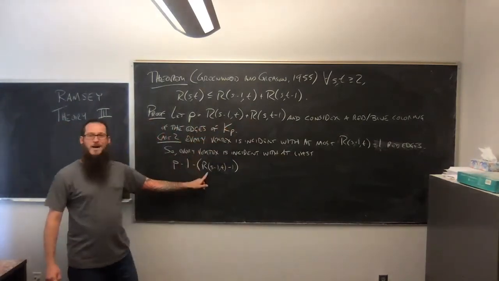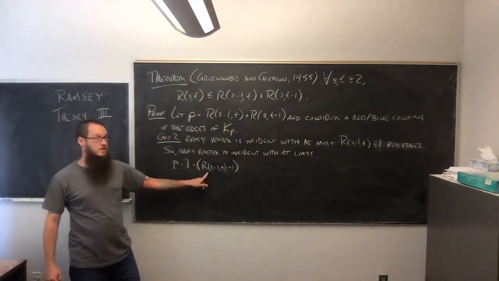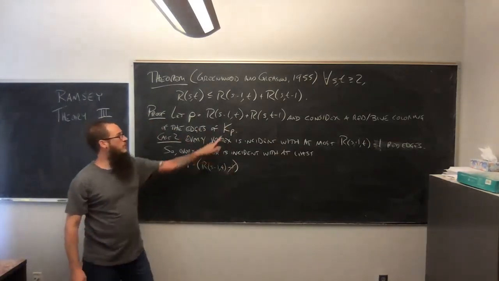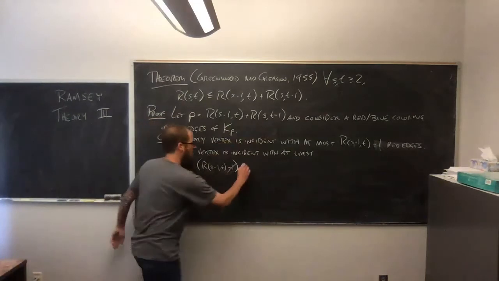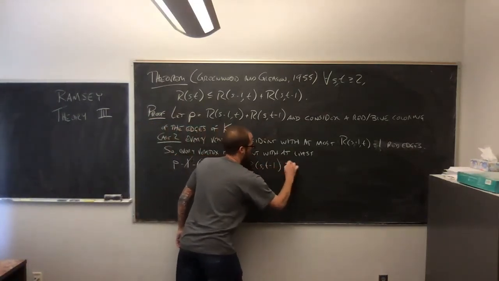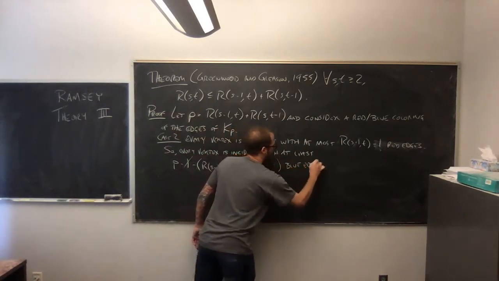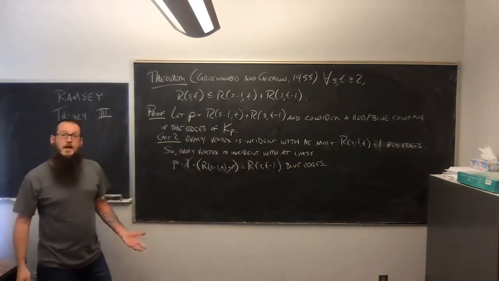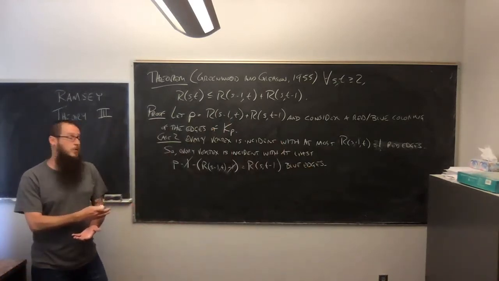So now I'm just subtracting R(S minus 1, T) from that sum. I'm going to get rid of my ones. And what's left over is this. And at this point, the argument's almost the same as the first case. We're just switching the roles of red and blue.